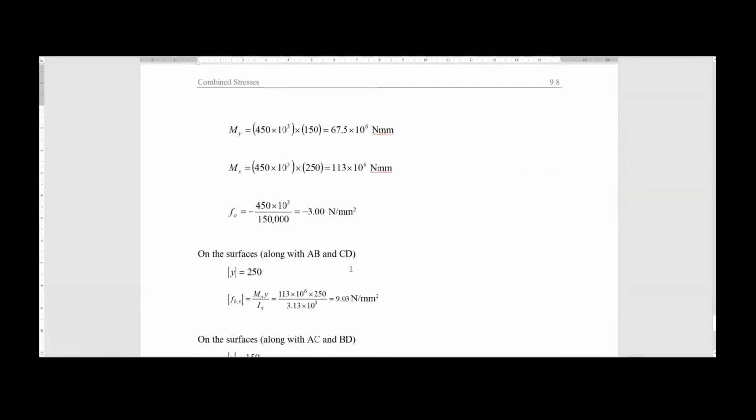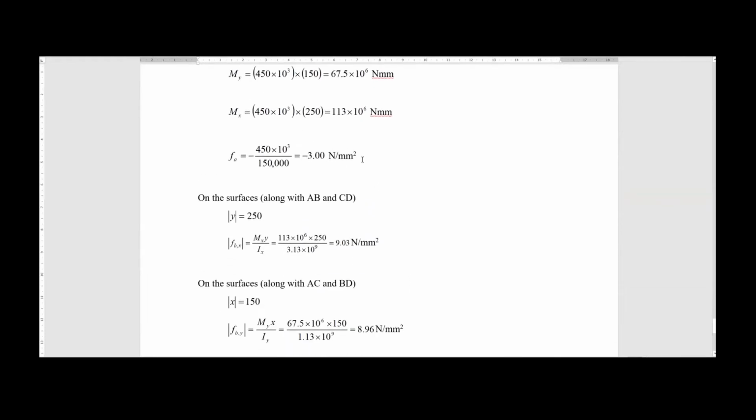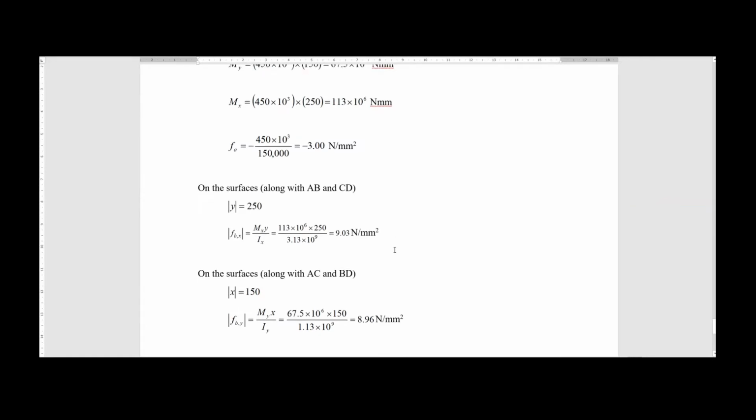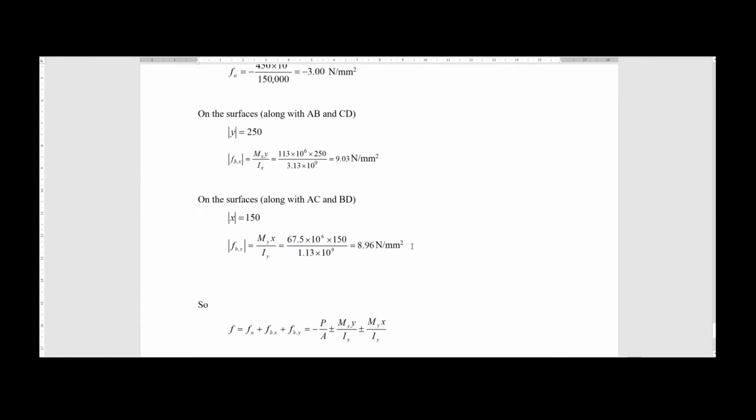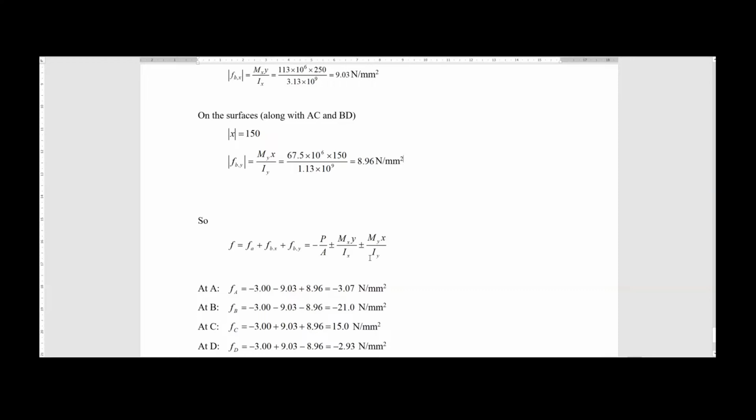Okay, so you will have this set of stresses: the axial stresses, the bending stresses for one moment Mx, and the other values for the stresses for the other moment My in this case, and you will have to combine them to analyze what's happening at every single point of the cross section.